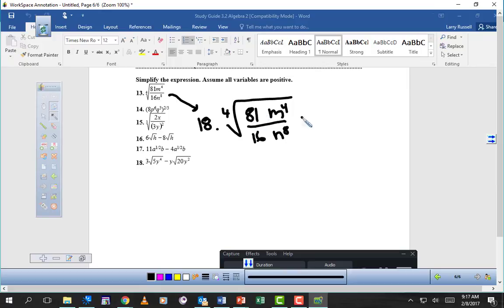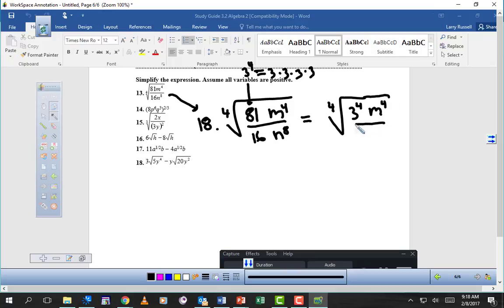And so we could rewrite this, for example, I recognize that one as 3 to the 4th because that's equal to 3 times 3, which is 9, times 3, which is 27, times 3, which is 81. So how about if we rewrite this as 4, and we could write this as 3 to the 4th power. M is already to the 4th power, so that's kind of nice. M to the 4th power.